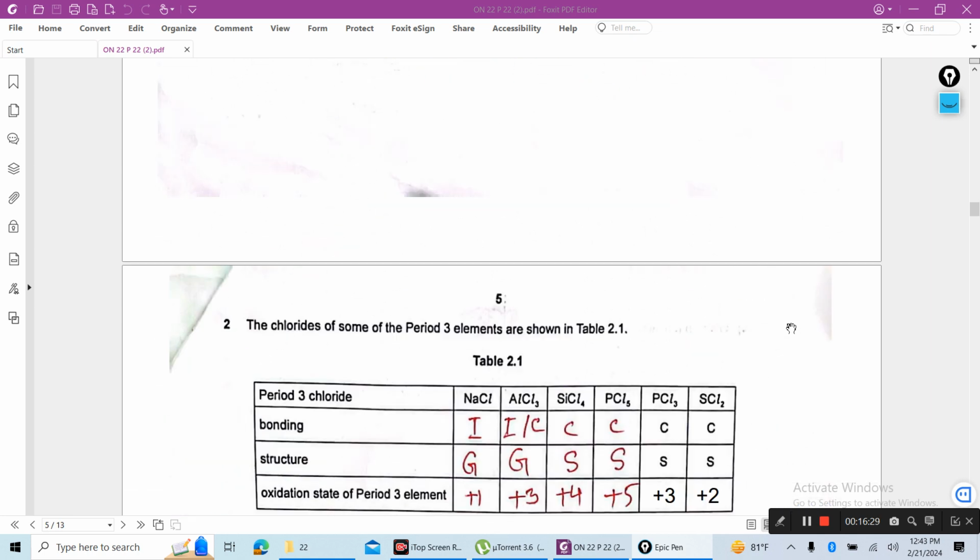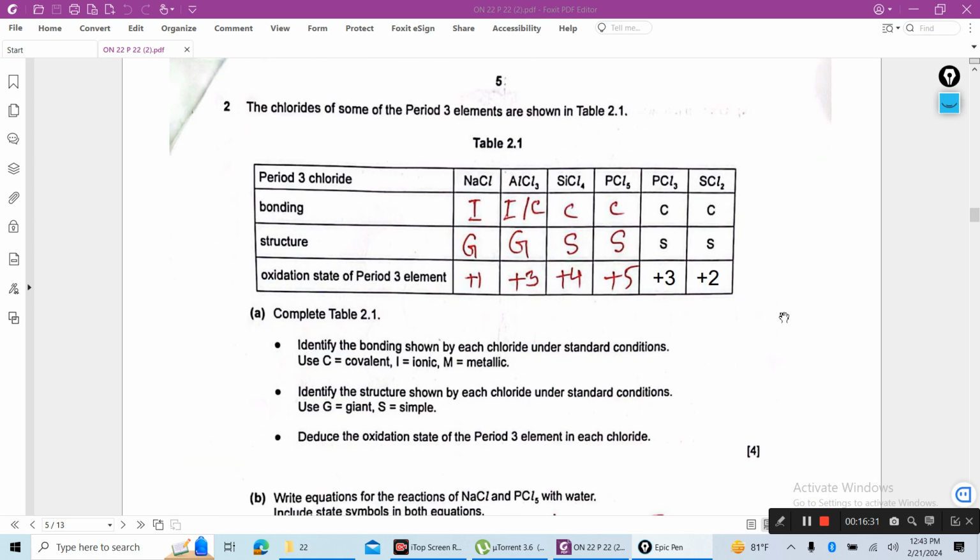Okay, now next, this is question number 2. The chlorides of some period 3 elements are shown in this table: period 3 chlorides, bonding, structure, oxidation state.